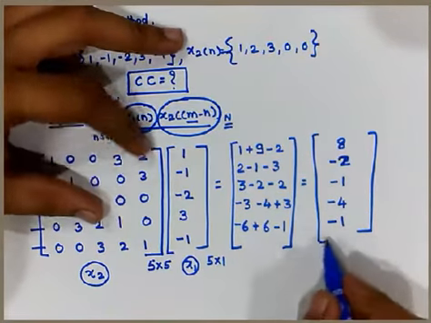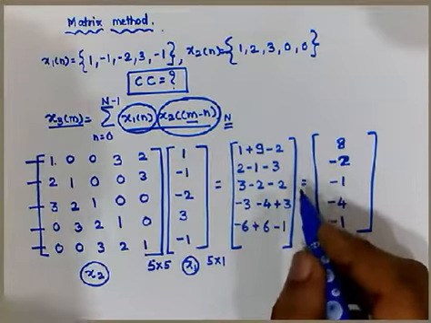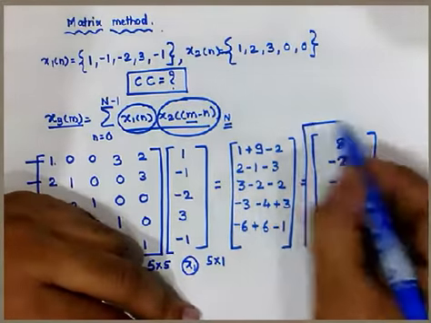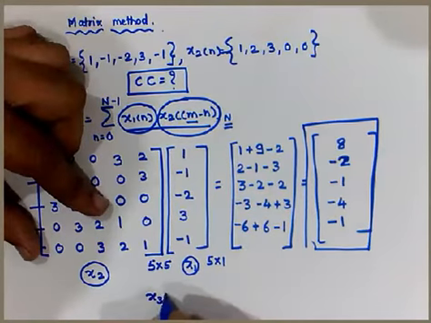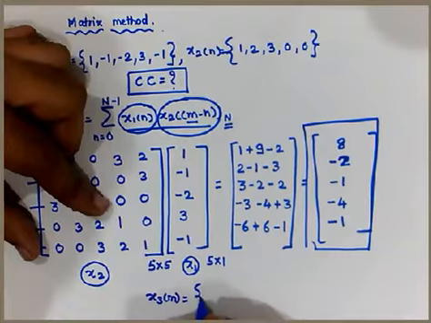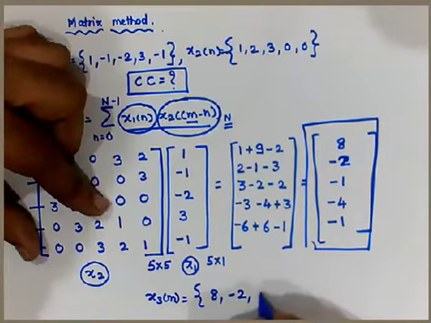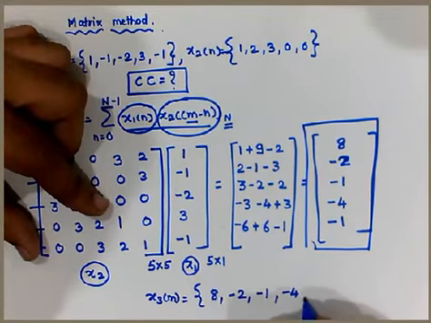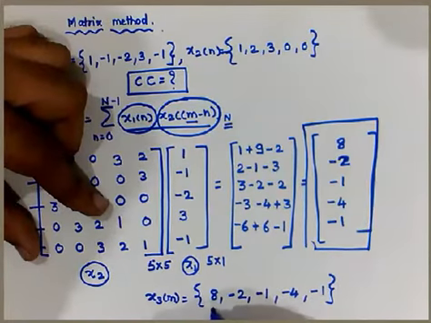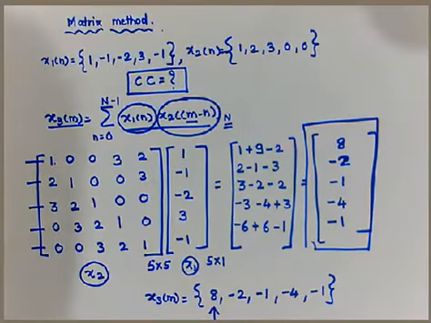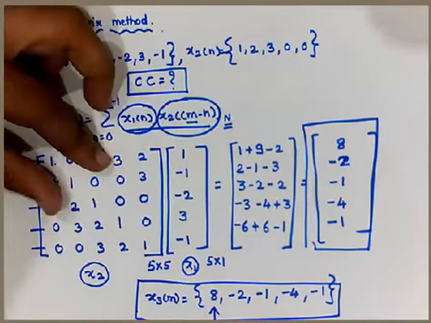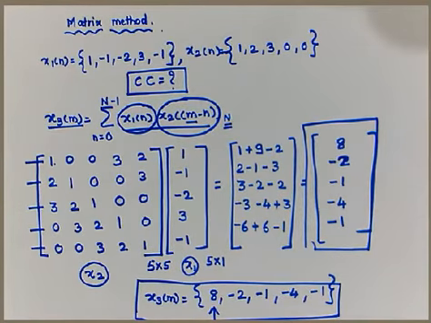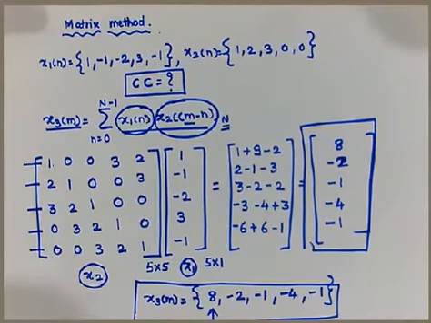This is how the convolution between x1 and x2 results in these values. So x3 of m is equal to 8, -2, -1, -4 and -1. The 8 will obviously be at the 0th location, so I show the arrow here. This method is the matrix method to obtain the circular convolution between the two sequences.